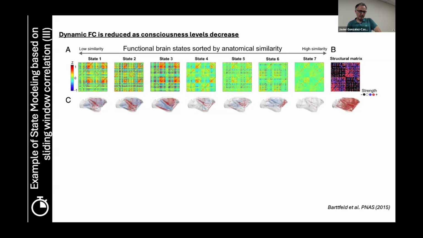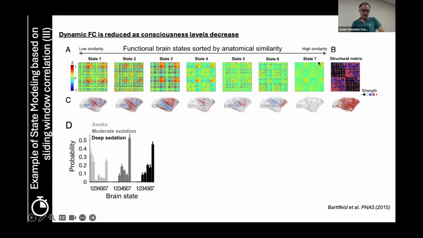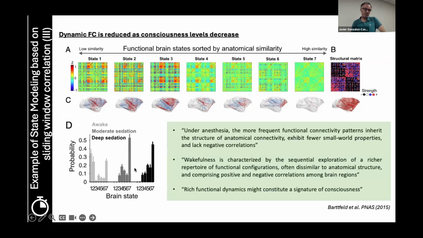This is a study that I like a lot. This is a study that they did in monkeys or macaques, in which they do a sliding window functional connectivity analysis, but they have them under different levels of anesthesia. And they find all different states. And what's really interesting is that the state that looks more like just the structural connectivity, more than these other ones, that's like something sitting on top, tends to appear much more prominently when the animals are in deep anesthesia.